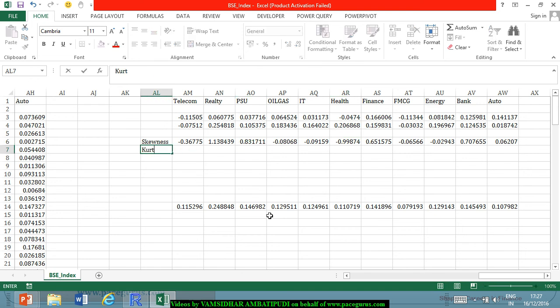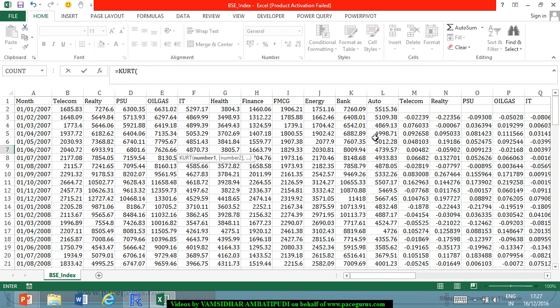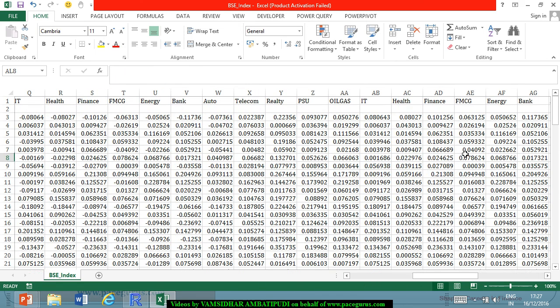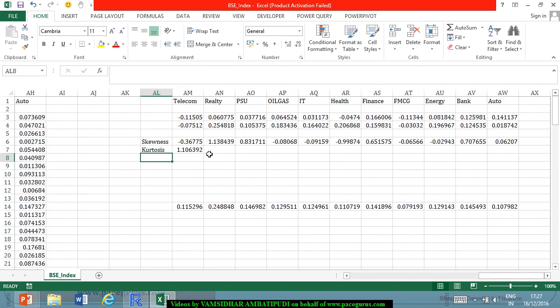But let's look at kurtosis. Is it really the case that almost all the sectors show very high kurtosis values for the returns? Yes, the telecom sector has a kurtosis of 1.1.